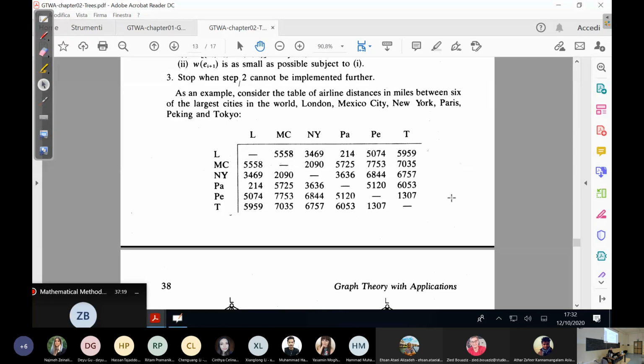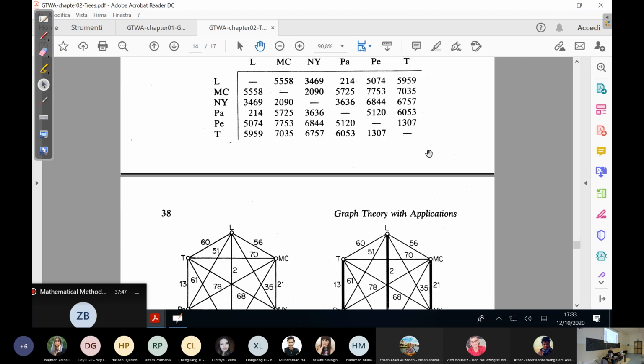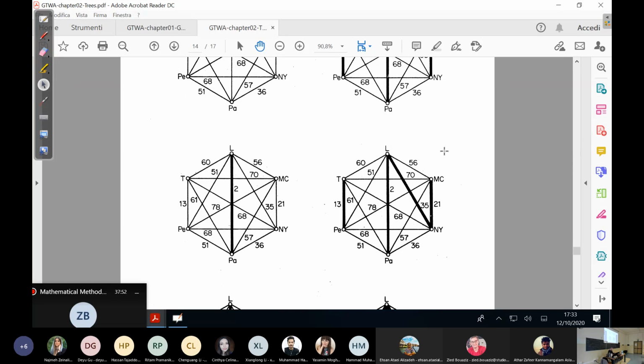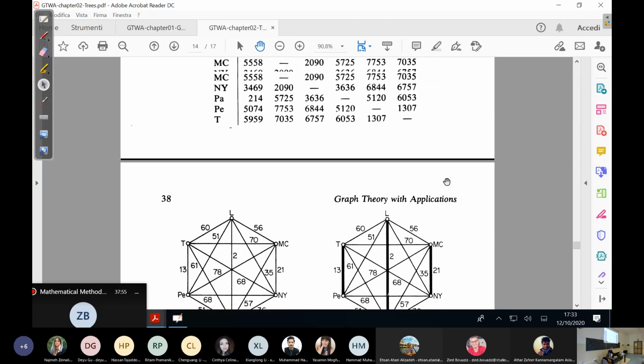Of course you can connect everything with everything else, but it costs a lot in terms of fuel for the aircraft. So if you want to be sure to go from Peking to Mexico City, but with the least possible number of miles, then you must build what is called an optimal connector.